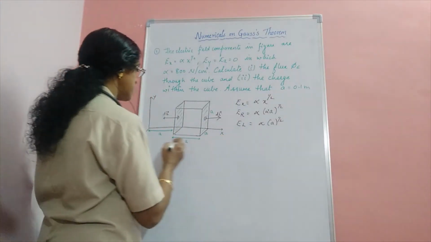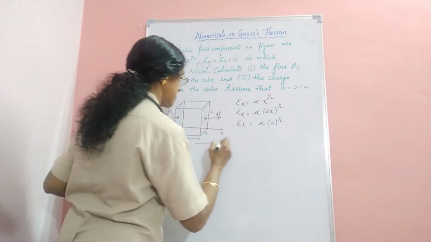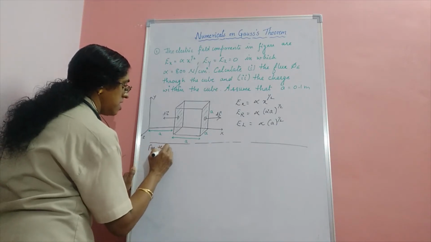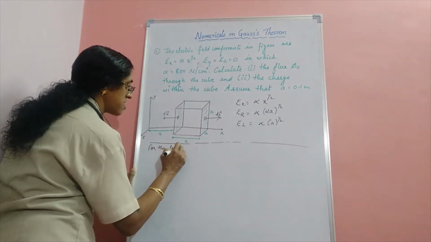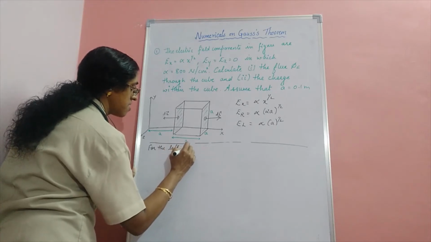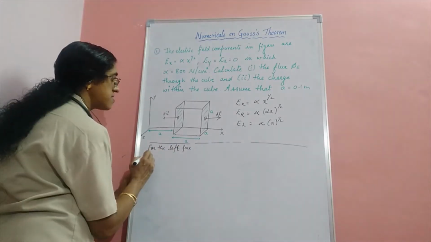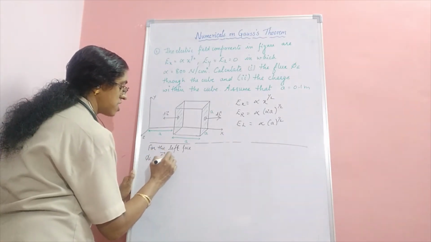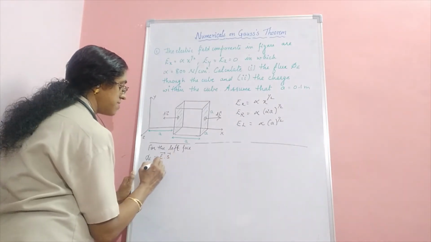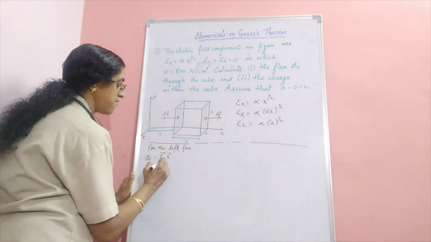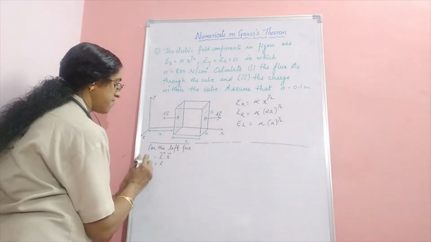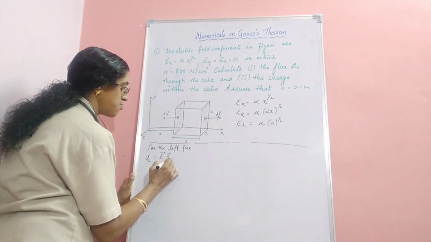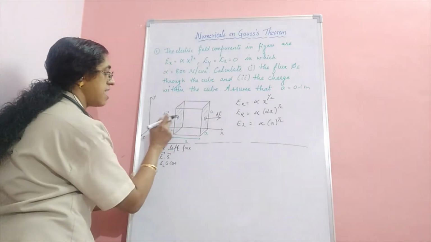First I'll calculate for the left face. For the left face, flux phi E is equal to E dot S vector, which can be written as E, the electric field, for the left face I'll write it as EL, into S cos theta. What is the angle for the left face?